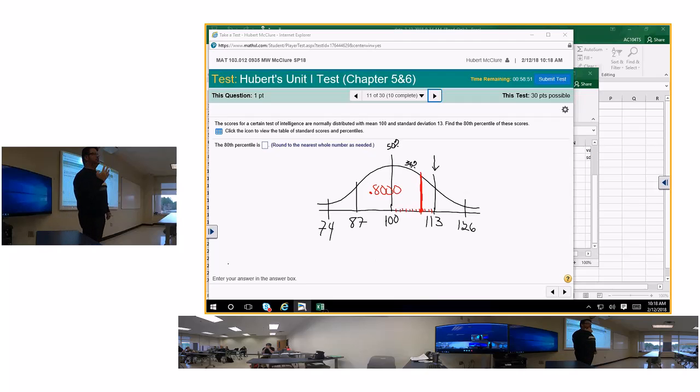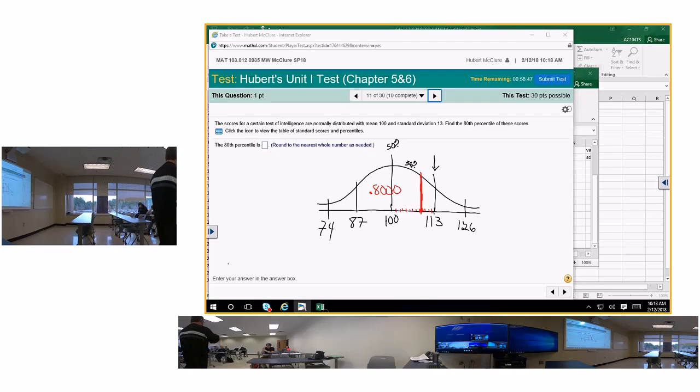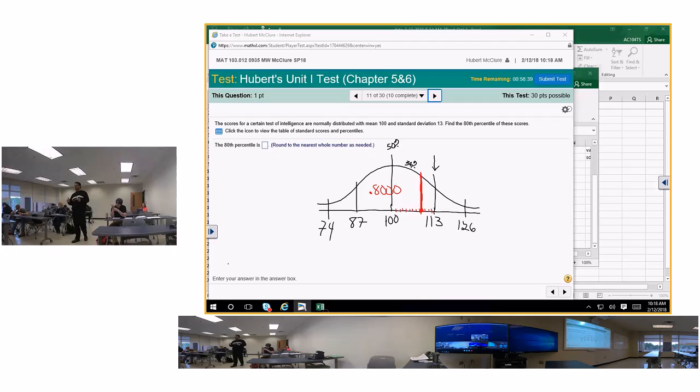When you're doing z-scores, 4 digits tells you as a student, okay, this is an area. Area on the table is in the body of the table. Now, you can do this with your calculator, or you can do it with the table. I'll show you both ways.